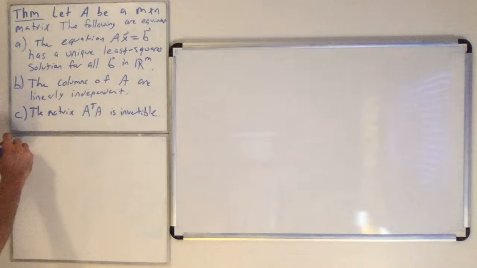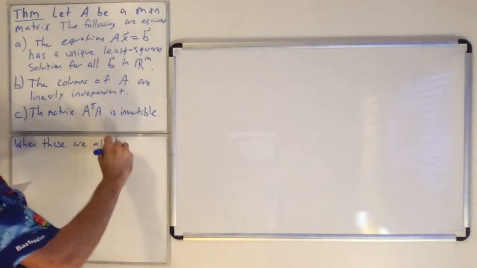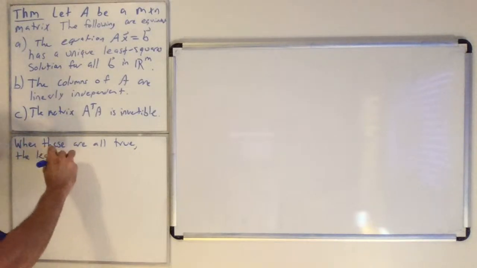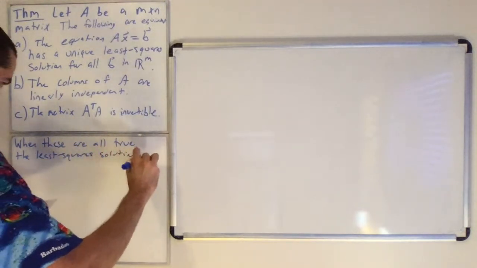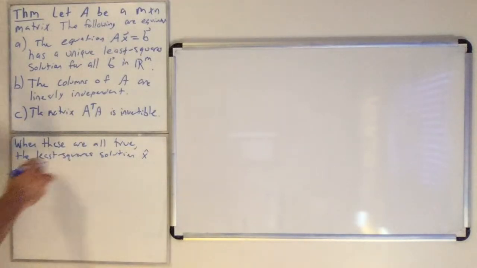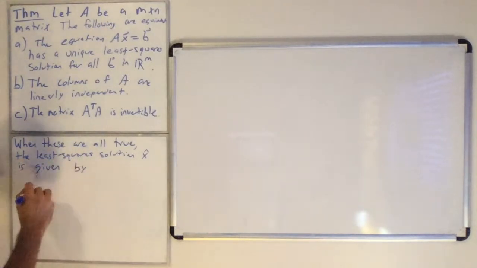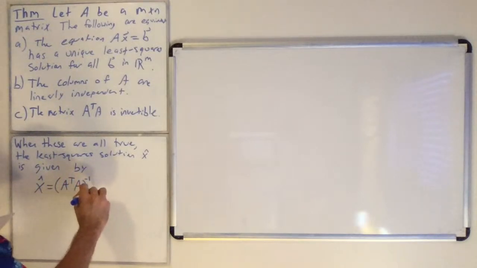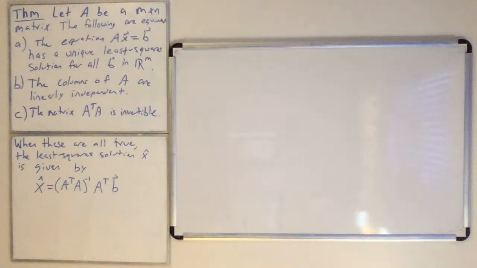And more important, when these are all true, the least squares solution, which we called x hat, is given by x hat equals (A transpose A) inverse times A transpose b.